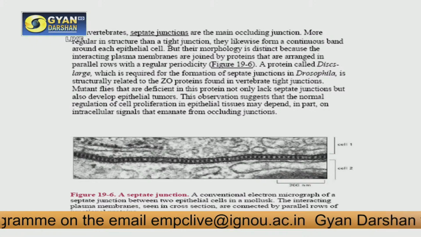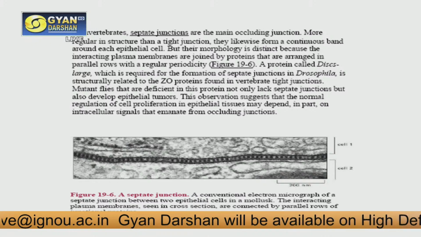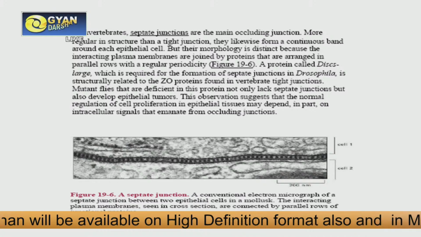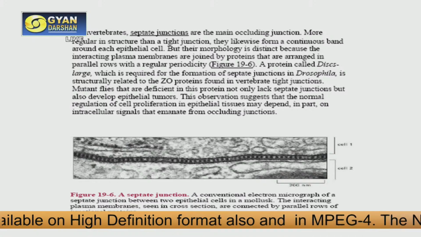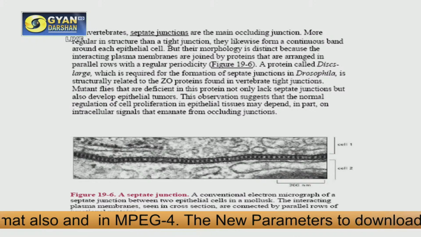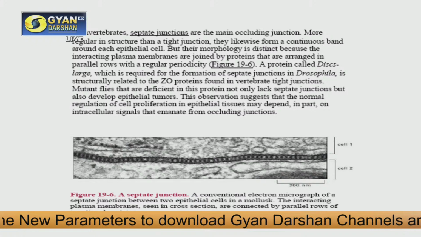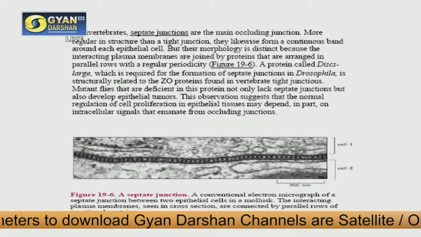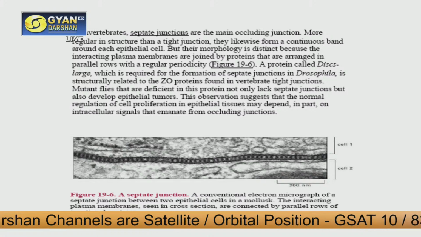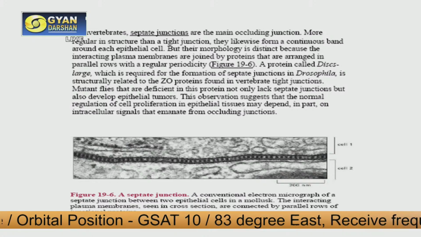So what does it prove? It proves that the discs large protein not only plays a structural role, but also regulates cell proliferation in the epithelial tissues. That means it also takes part in the cell signaling process, the relay of intracellular signals, and these signals originate from the occluding junctions.